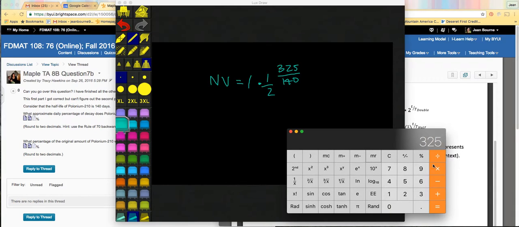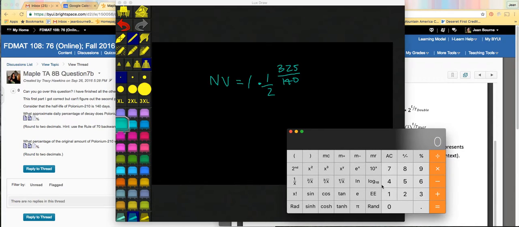I have 325 divided by 140, put it in my memory, then 0.5, and I forgot to push the x to the y button. Oh, that says 0.2. Let me try it again. 325, M plus, then 0.5, x to the y, MR, memory recall. No. Something is really wrong.